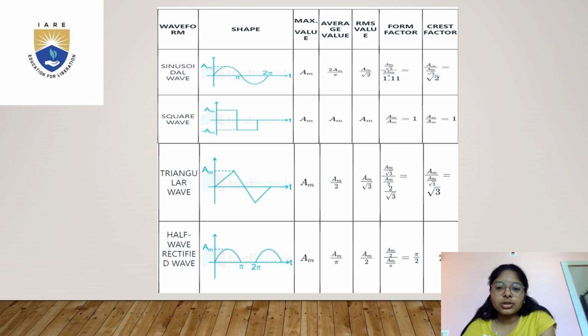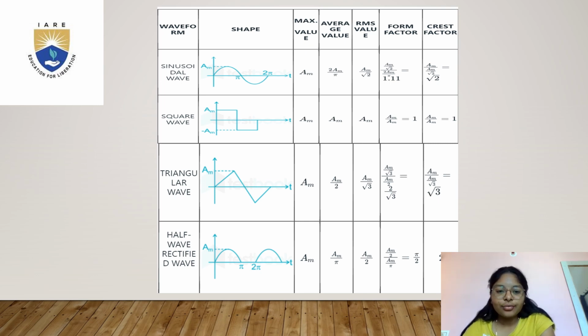The RMS value is Am by root 3, and the form factor is Am by root 3 divided by Am by 2, where Am gets cancelled and we get 2 by root 3. The crest factor is Am divided by Am by root 3. We cancel Am and Am, and we get the answer as root 3.